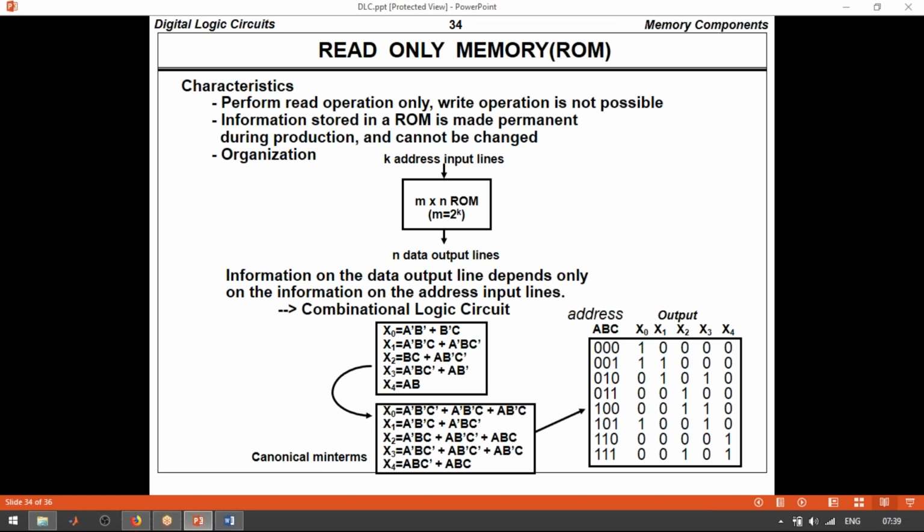Yes, so this is the actual capacity of the memory.